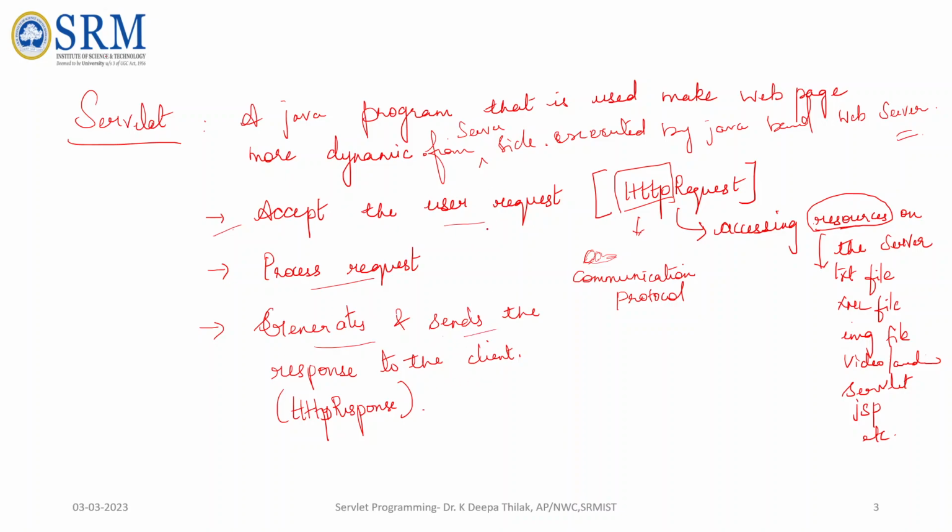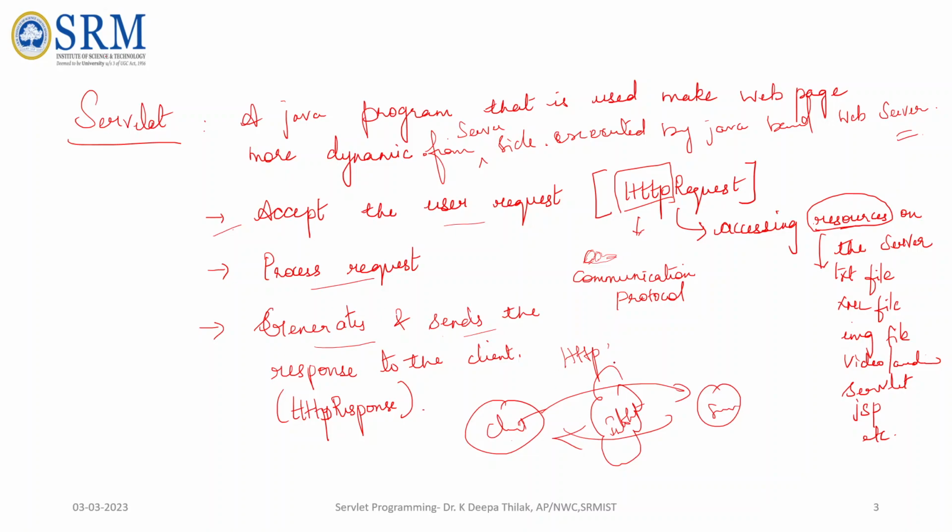In accepting the request, we'll have a client and a server, and the communication between this client and server is through the internet. It's a common public internet, where my message needs to hop between multiple devices. There the communication protocol is the HTTP protocol.